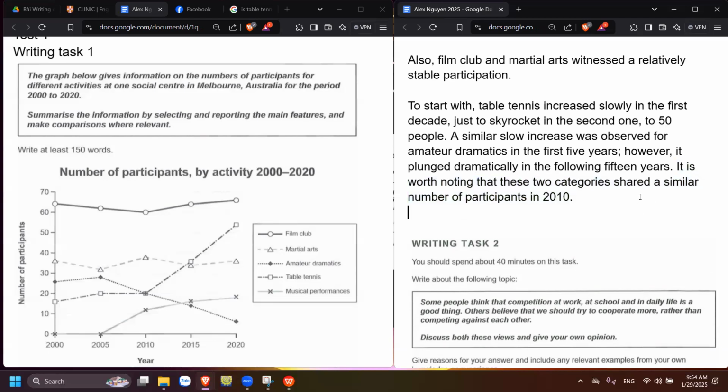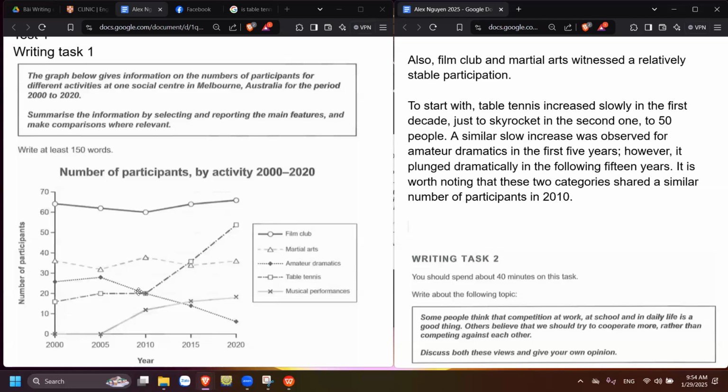Okay, let's go to the second paragraph of the body. What would you write? So maybe going to musical performances, no? Though they had no participation during the early 2000s, from 2005 onward, there was a fairly gradual increase in participation in musical performances.